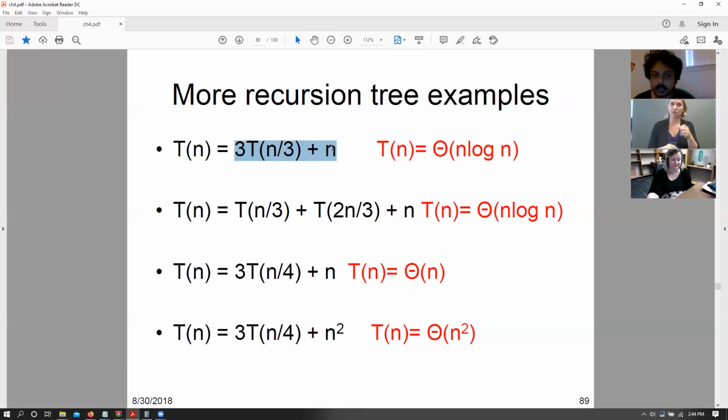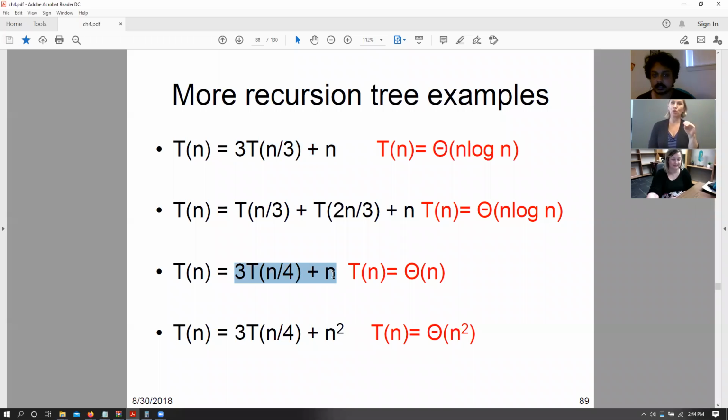Similar to that, we can also do 3T n by 3 plus n, where every time we are dividing our array into 3 parts and then merging it into n. So every level we have n: first n, then n third plus n third plus n third, which also becomes n. So again we have n log n, right?